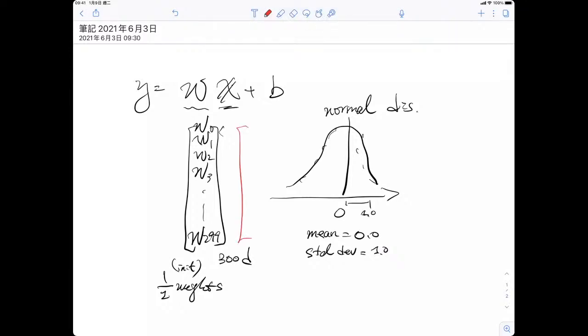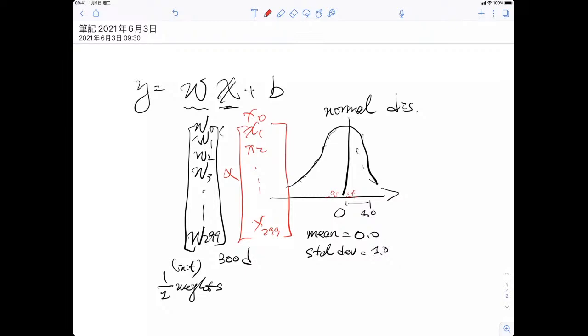So that means x0, x1, x2, up to x299. Some of the initial weights do not pass any information from the input to the right hand side, because they are quite close to 0.